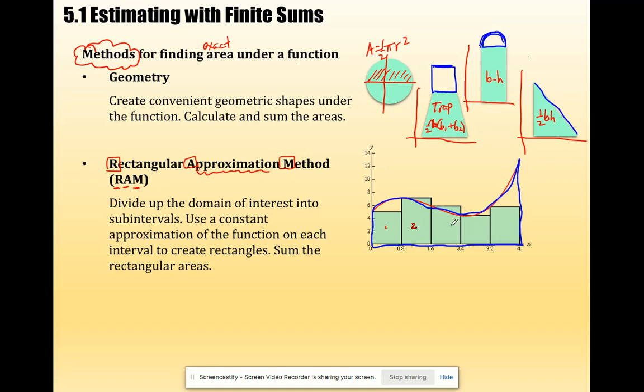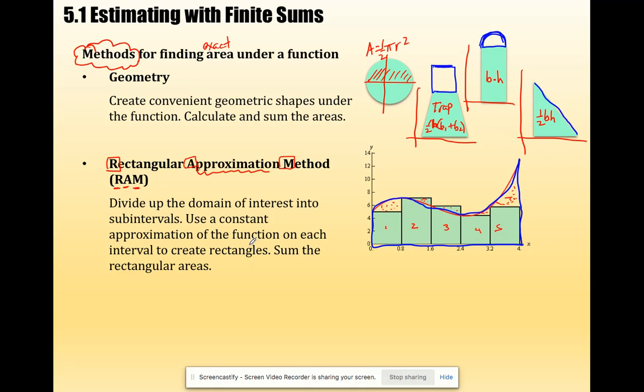I drew 1, 2, 3, 4, 5 rectangles underneath that curve and between the curve and the x-axis, and I don't have true area. Look, I've got too little, too much, too much, too little, too little. But it is an approximation.